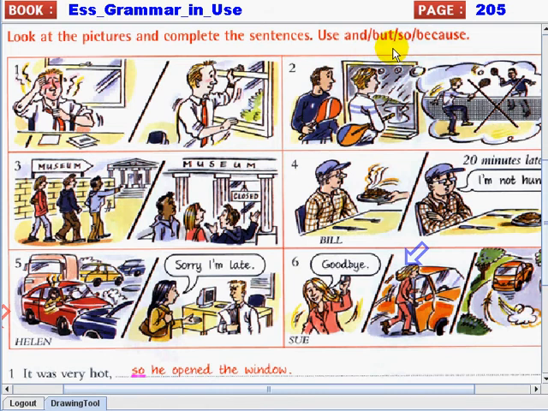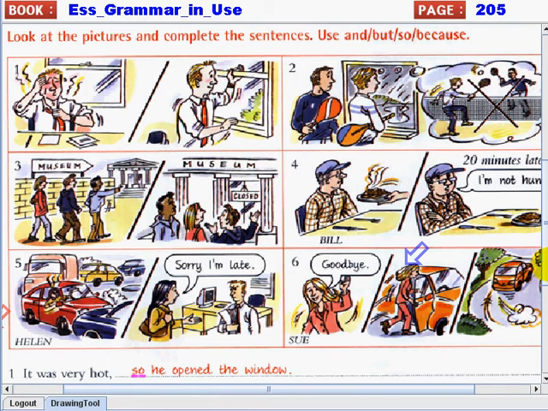And the word but, we use it when two individual thoughts in a sentence contradict each other. So, to emphasize or to show the result of something. And because, we use it when we want to say the reason for something.